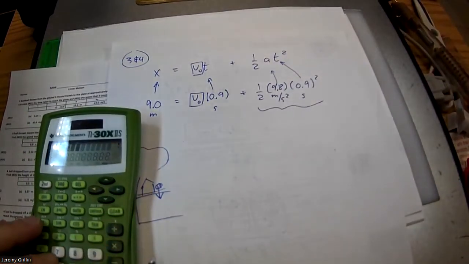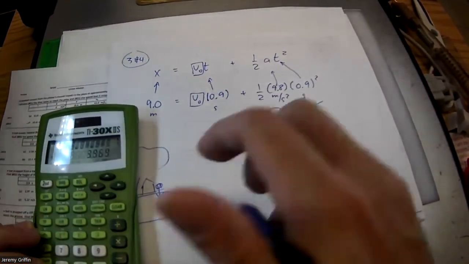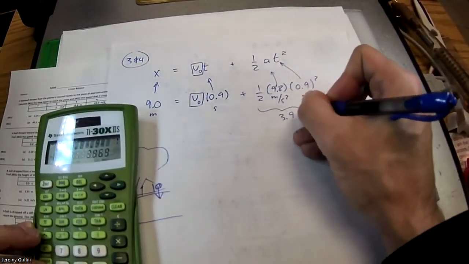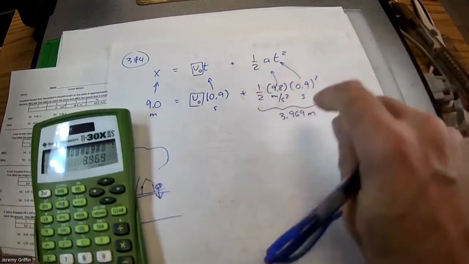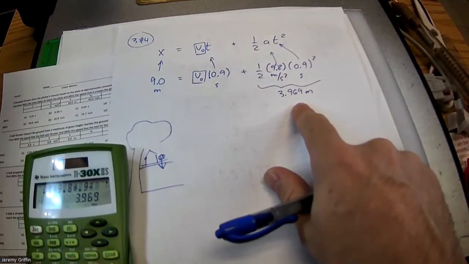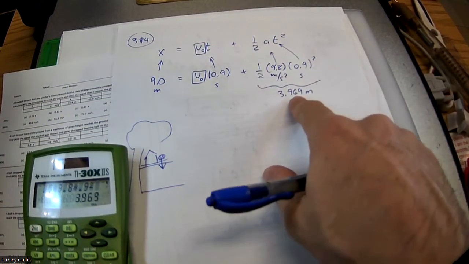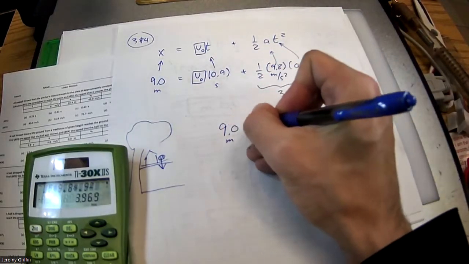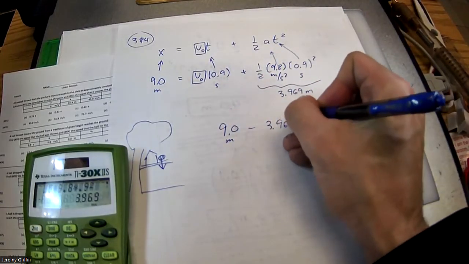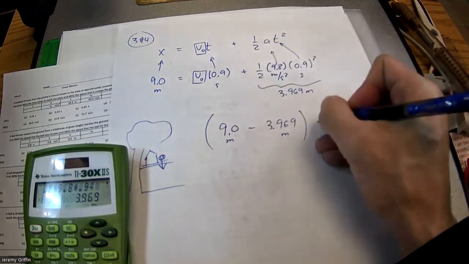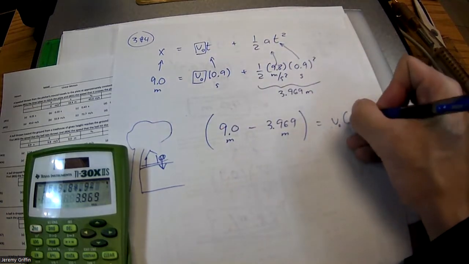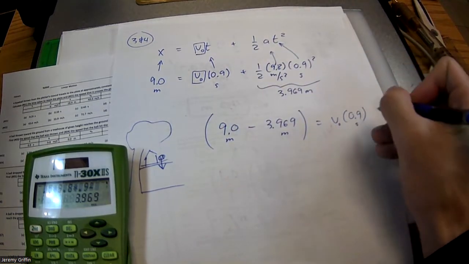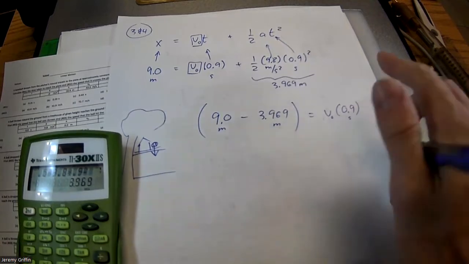Okay, so let's see what all this fun stuff is. 0.5 times 9.8 times 0.9 squared is 3.969 meters. All right, so a couple algebra steps. I need to subtract this over. So 9 meters minus 3.969 meters is equal to v naught t. And then divide both sides by this time.